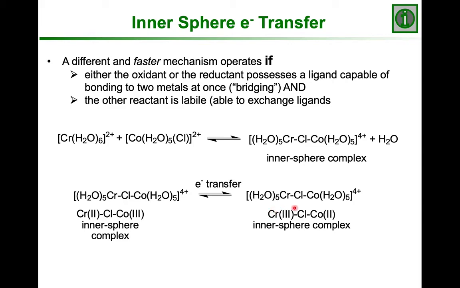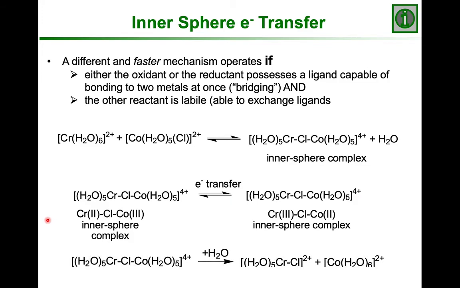So 3 plus, 2 plus, and 1 minus gives us 4 plus overall. But the complex now can come apart and the water can come back. And so what we're left with at the end is chromium 3 with a chloride, so plus 3 minus 1 gives us 2 plus overall. And now it's cobalt with 6 waters, cobalt 2.